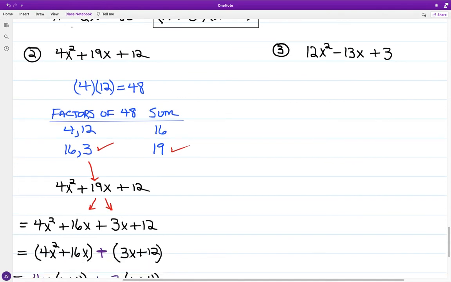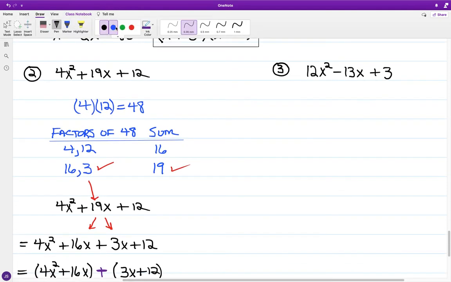Setting up the stage for factoring by grouping, the leading and last coefficients are 12 and 3. 12 times 3 is 36. And we need factors of 36 whose sum will be minus 13.